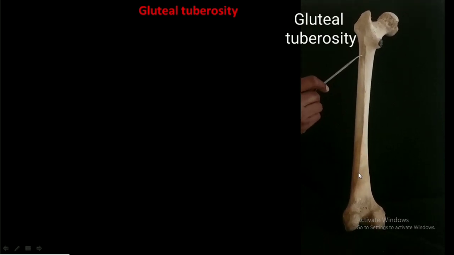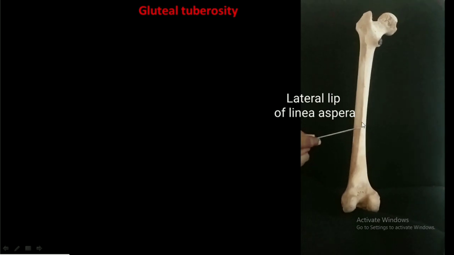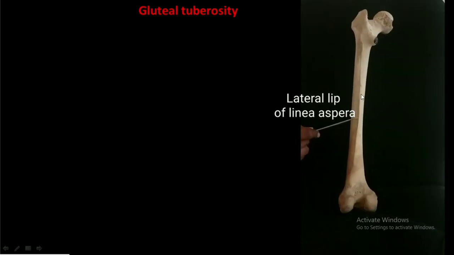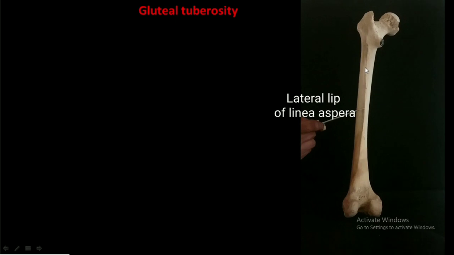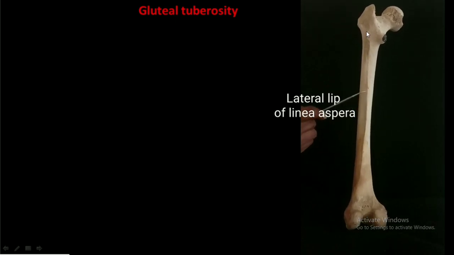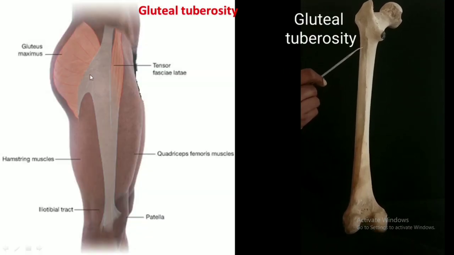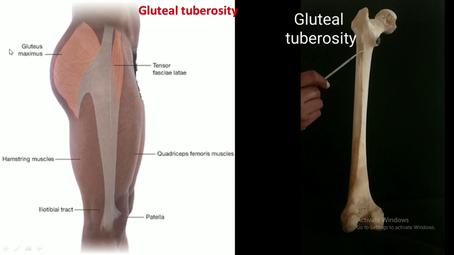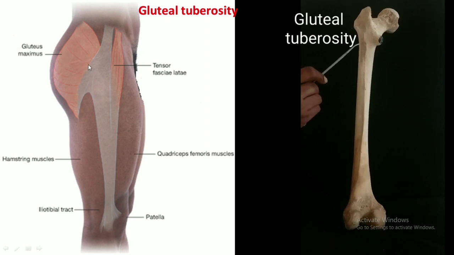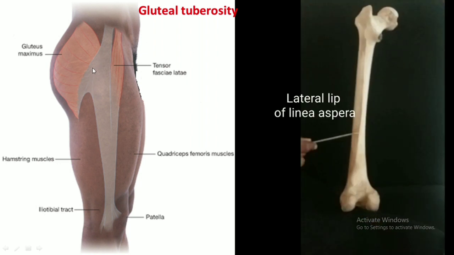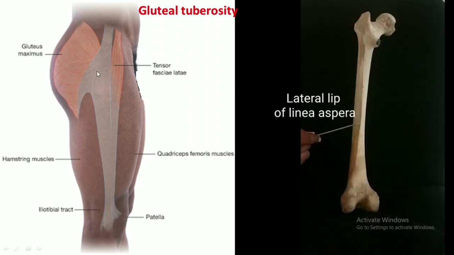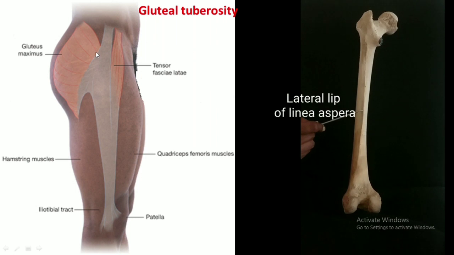The gluteus maximus muscle is inserted over the gluteal tuberosity.